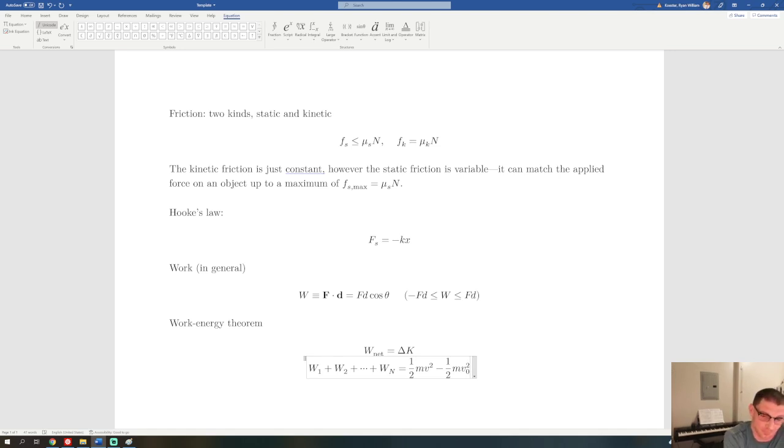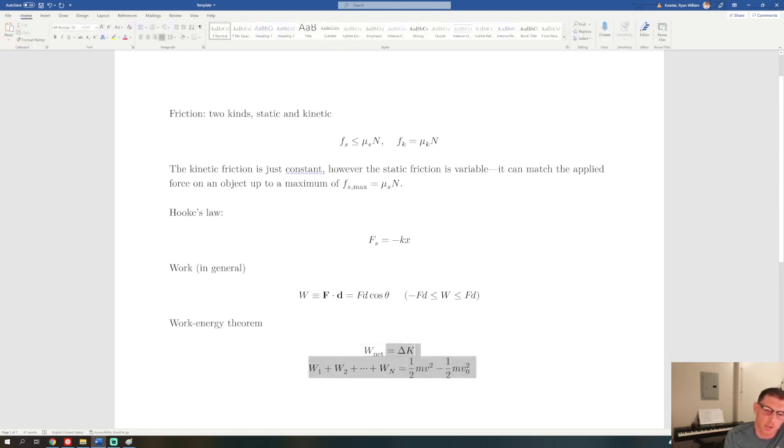And so it's important that you remember that the net work we're thinking about is all the works, whether they are there because of conservative or non-conservative forces.